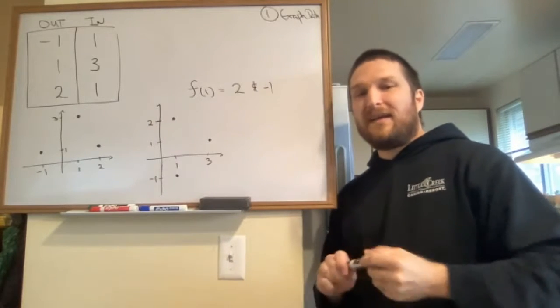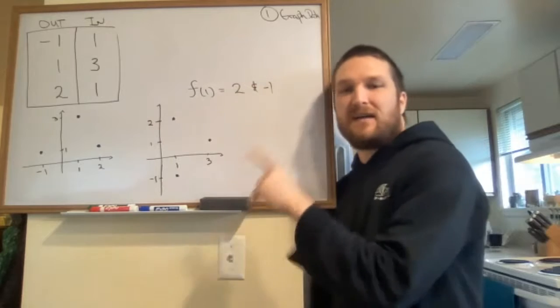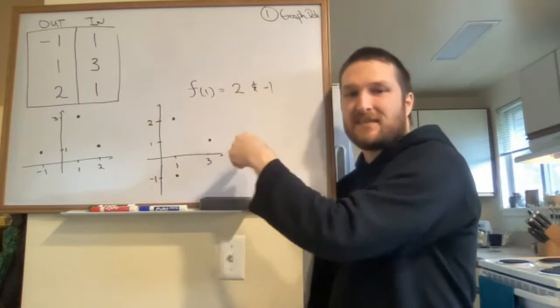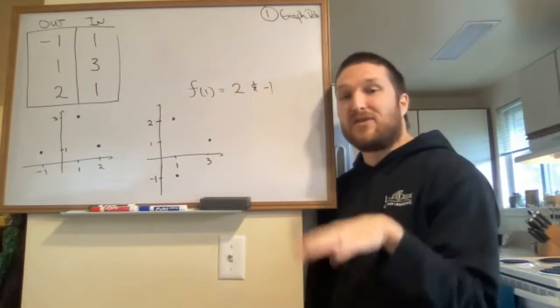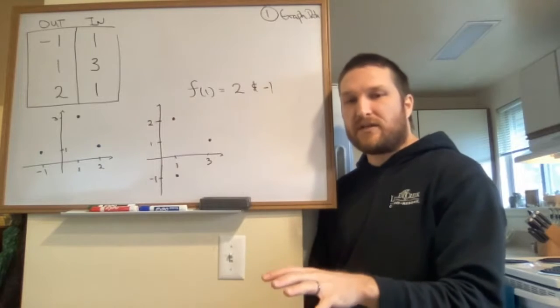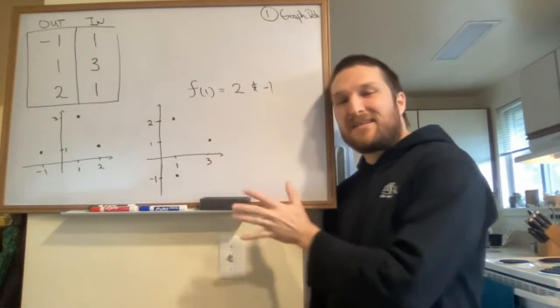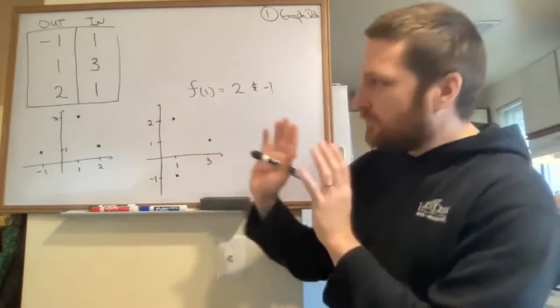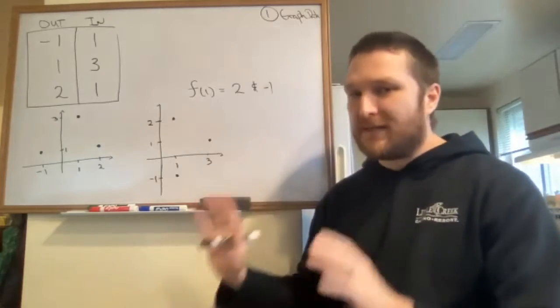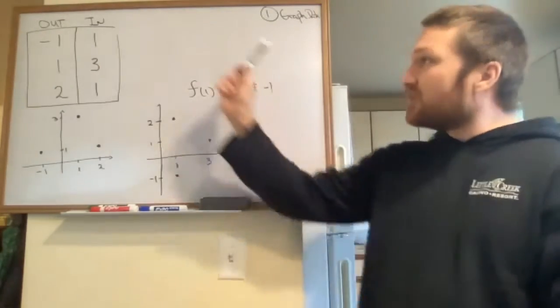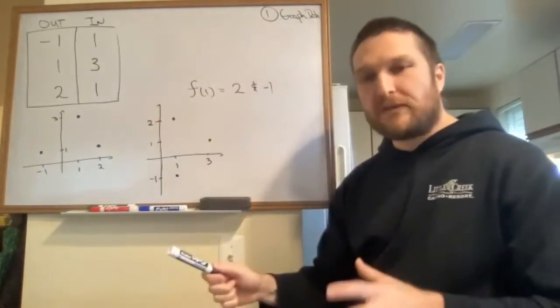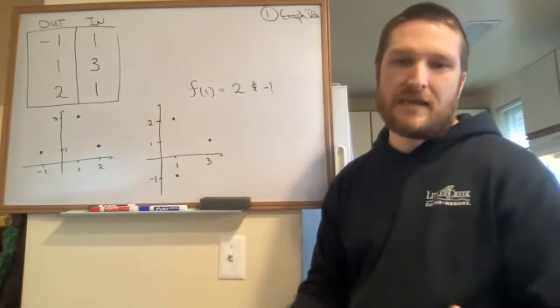And if you tried to find a function which does this, you would be trying for the rest of your life and you would never find one. So it's a fool's errand, right? The takeaway point here is whenever you're given a table of data, usually you know what the inputs are and you know what the outputs are.